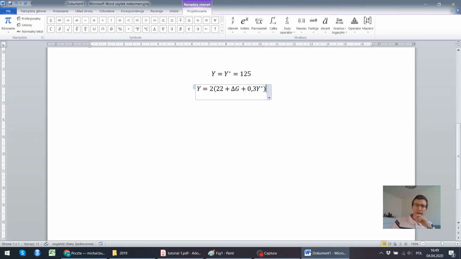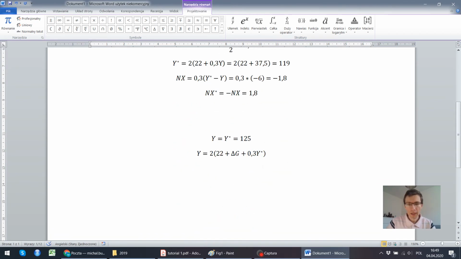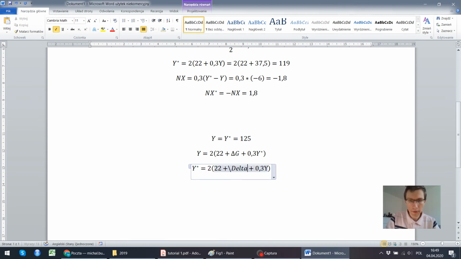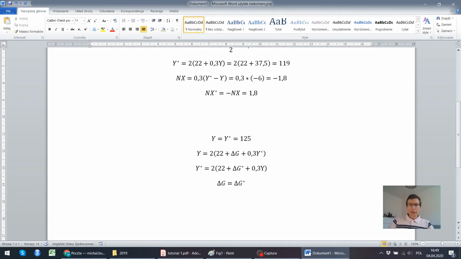But now, contrary to what we had before, we know that the second country is also going to increase governmental expenditures. I will call it delta G star, but we know that by definition, this is what we are assuming, delta G is equal to delta G star. Okay, so we have those two equations.